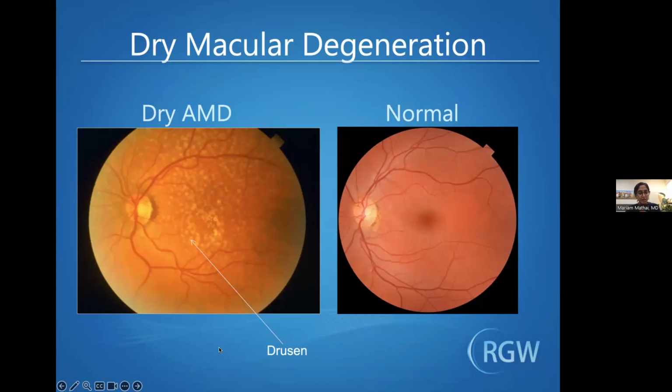And remember, as I said, this is both an aging process and heavily genetically associated, meaning not all elderly patients will develop these deposits called drusen. You also have to have the genetics that put you at risk for development of dry AMD.